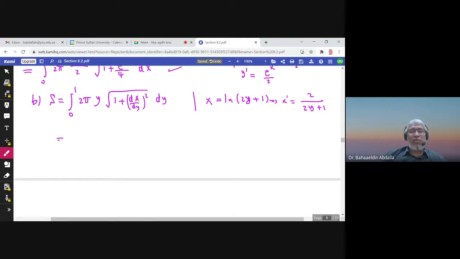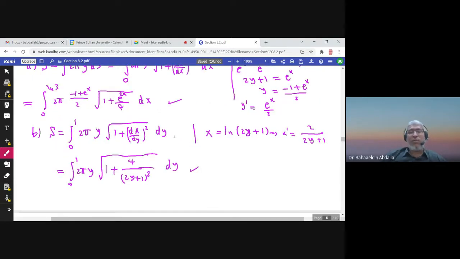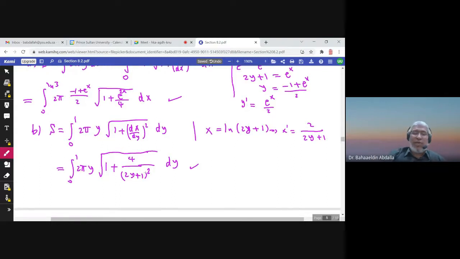So the answer would be from 0 to 1 of 2 pi y times the square root of 1 plus x prime squared, which is 4 over (2y plus 1) squared, dy. Again, if you find the integral of these two using the calculator, you should get the same answer.